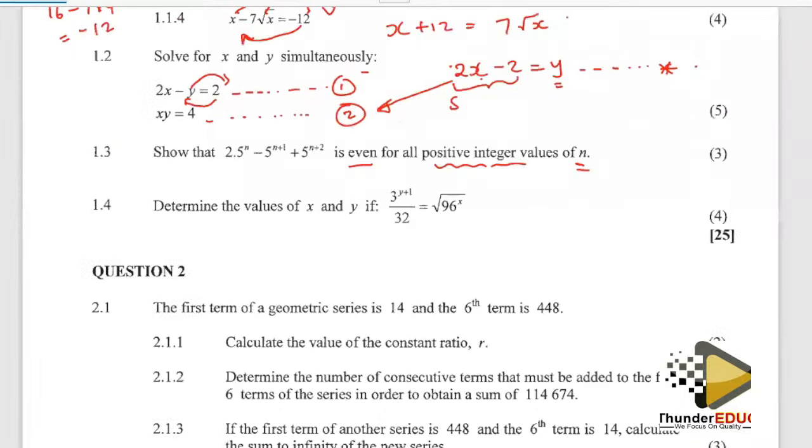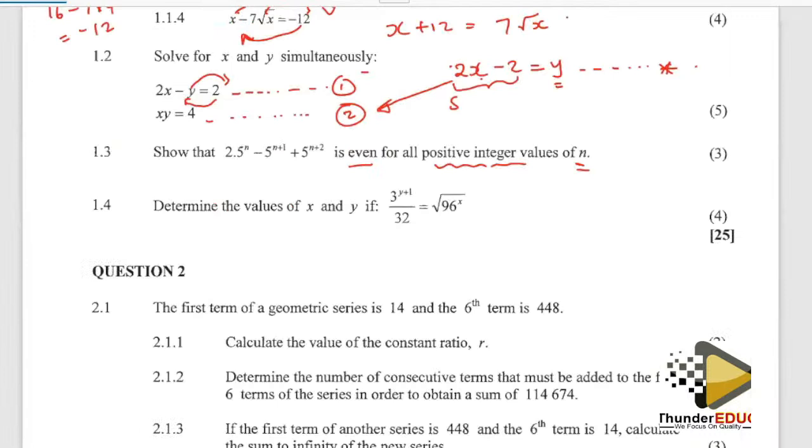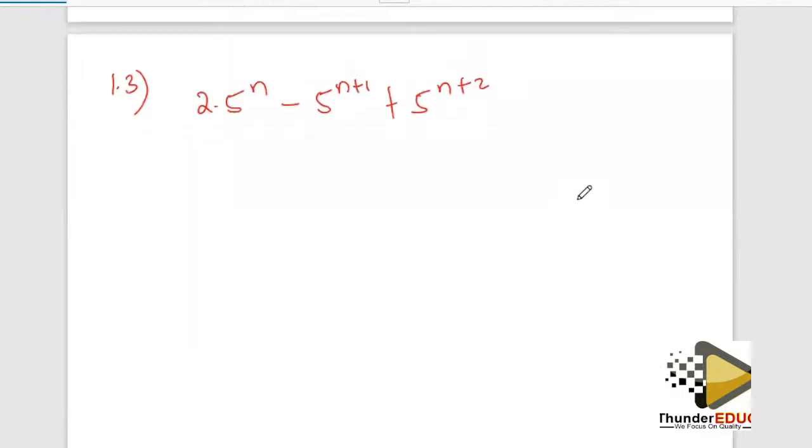So we say 2 times 5 to the n minus 5 to the n plus 1, plus 5 to the n plus 2. Now we know from our laws of exponents that a to the m times a to the n is the same as a to the m plus n. For as long as the bases are the same, we add up the exponents.